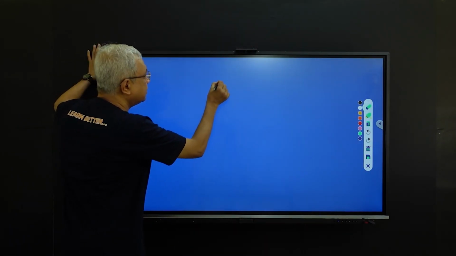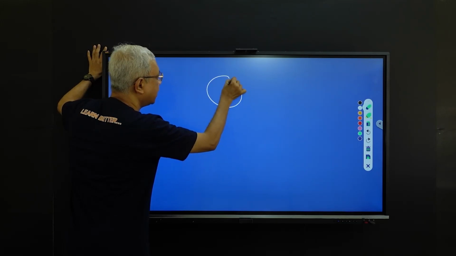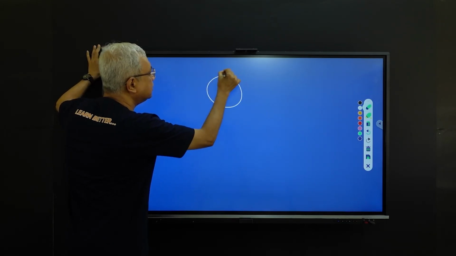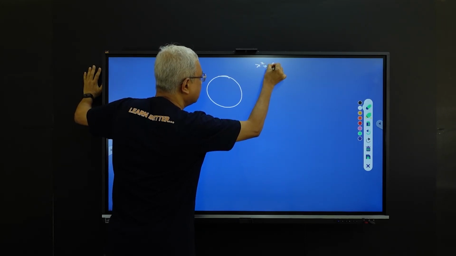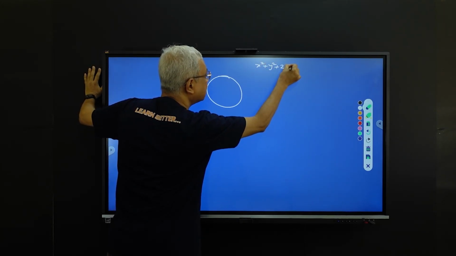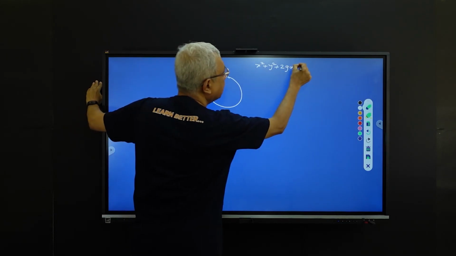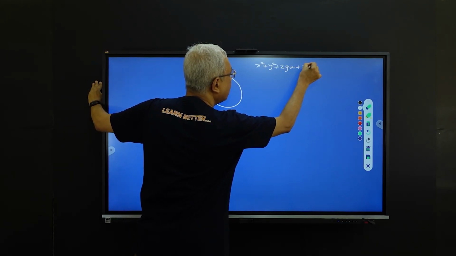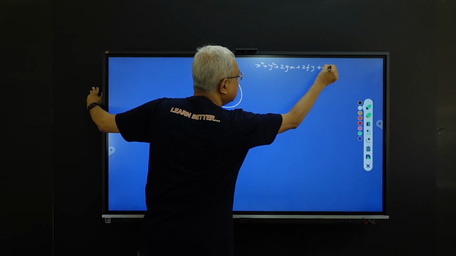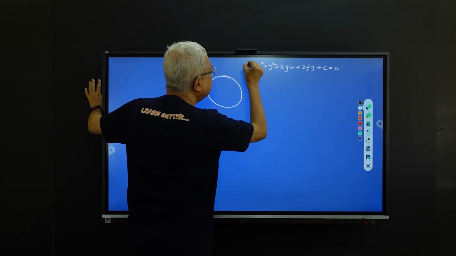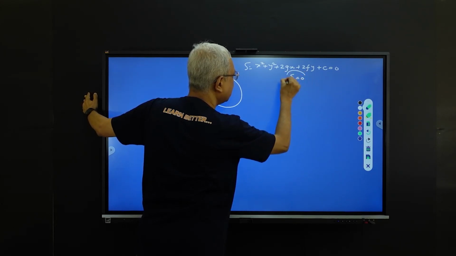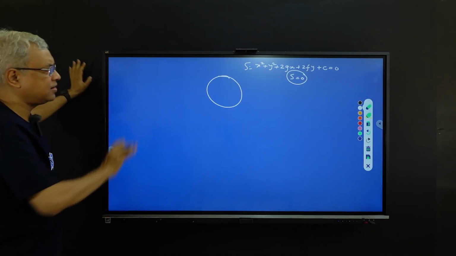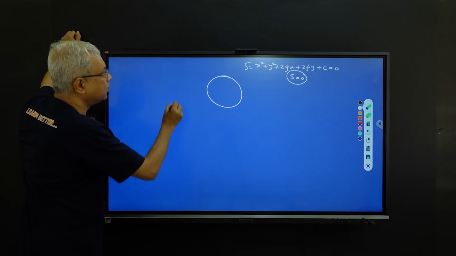For the circle, again I am considering this circle, the equation of the circle is x square plus y square plus 2gx plus 2fy plus c equal to 0. I can write this as S, so S equal to 0 is the equation of the circle. It will be handy afterwards.